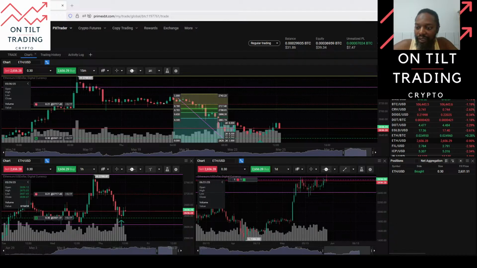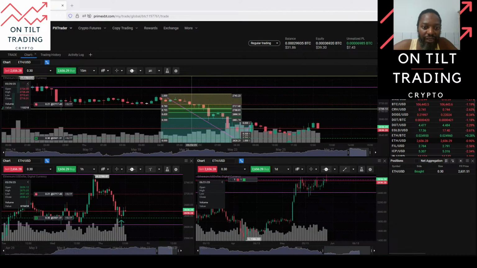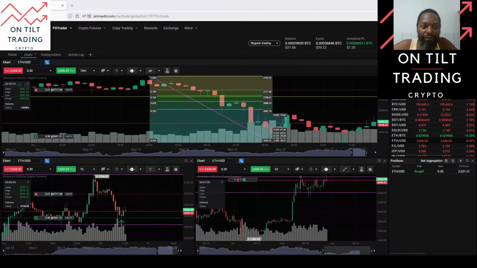In addition to that, I'm also seeing this as a potential order block, this candle here, which is validated in this candle here. So this is the order block that I believe may be defending this particular trade idea.